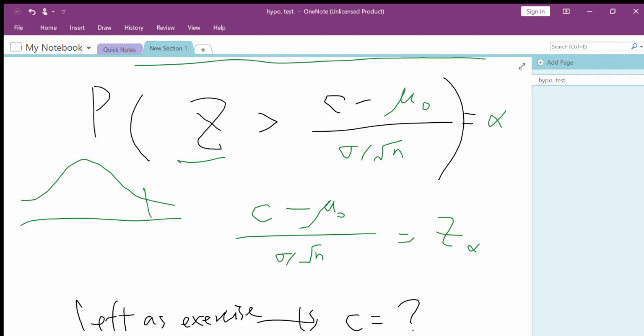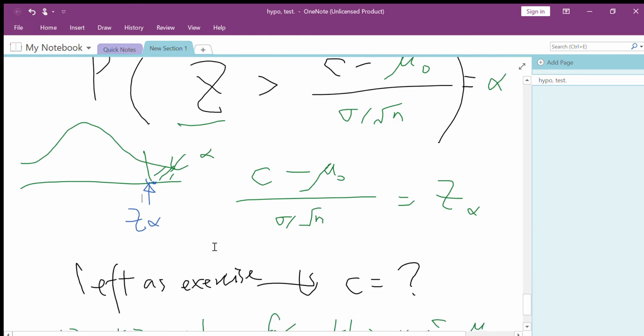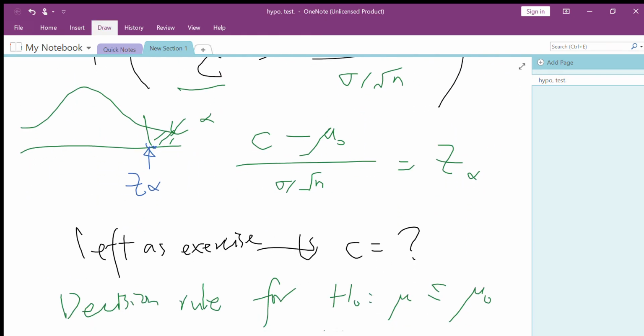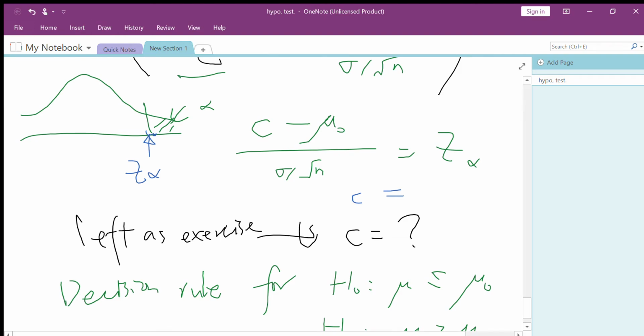This is the PDF of the standard normal, and this area is alpha, and the corresponding point on the horizontal line is called z alpha. So this means c equals what? c equals mu 0 plus z alpha sigma divided by square root of n.